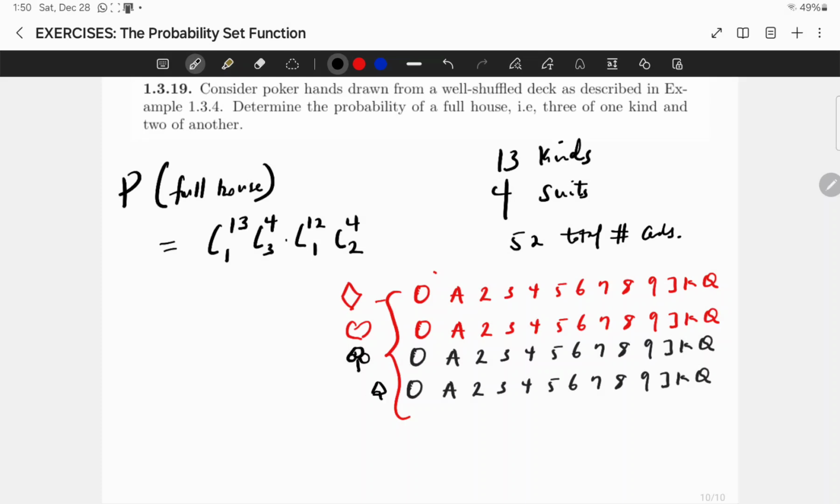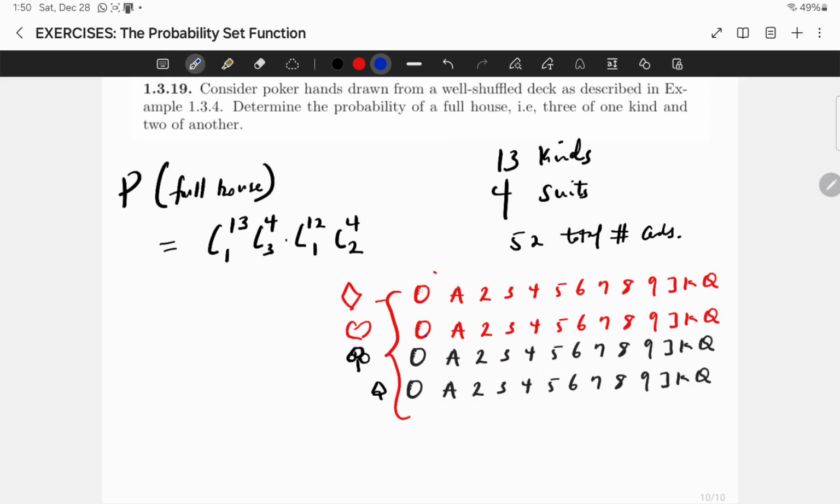So then we pick 13. First of all, when we make the same kind, we have either 0, 0, 0, 0, or A, A, A, A, or 2, 2, 2, 2. So that means that we first of all pick a kind, and we have 13 kinds. So out of 13 kinds, we pick 1.